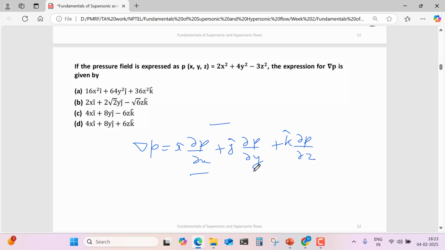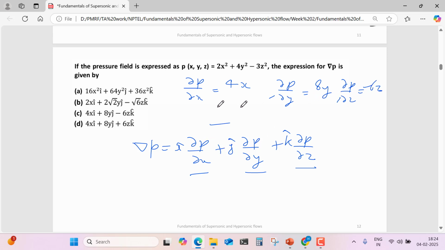So we have to find these three values. ∂P/∂x will be 4x, ∂P/∂y will be 8y, and ∂P/∂z will be minus 6z.